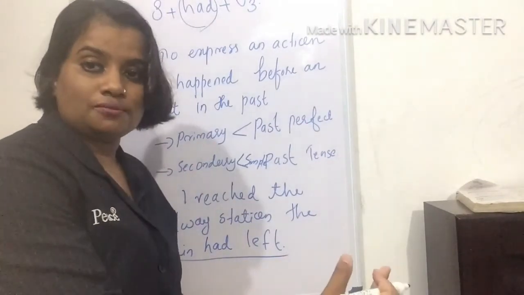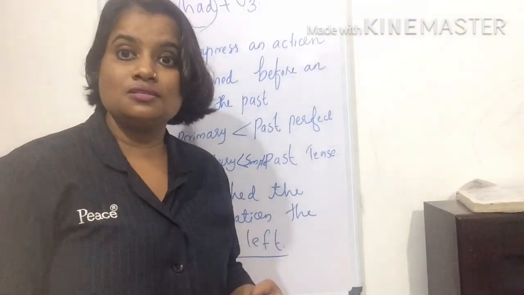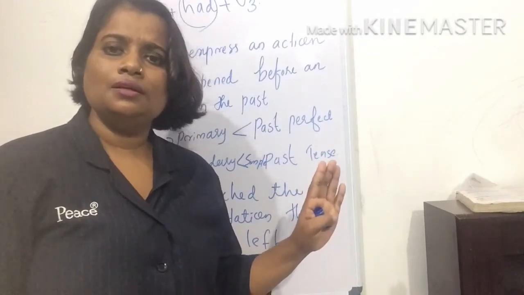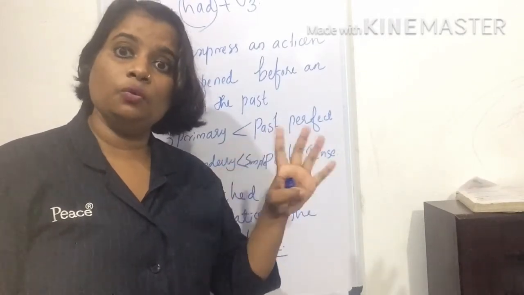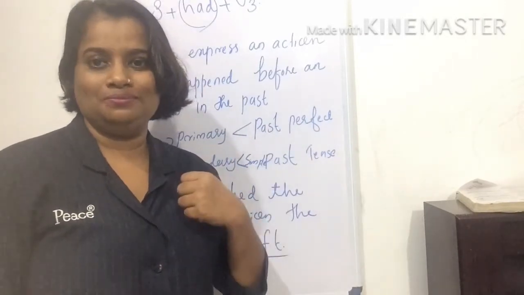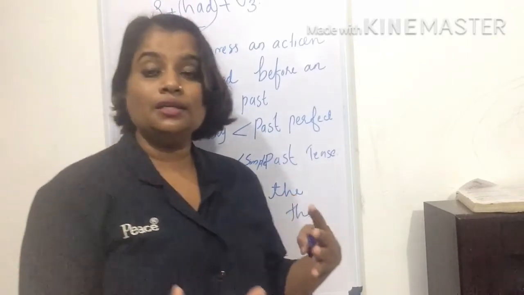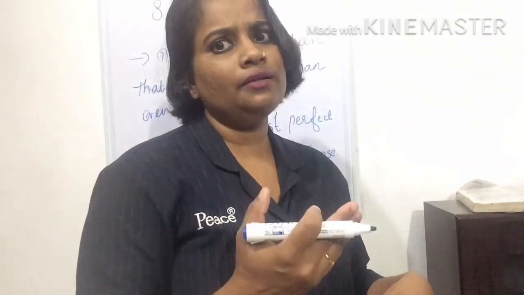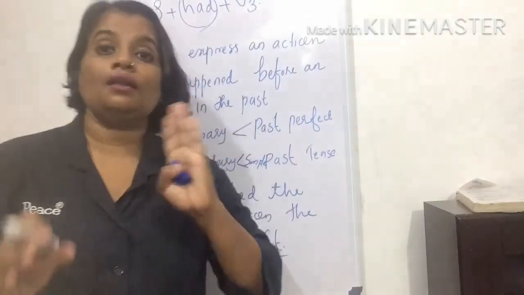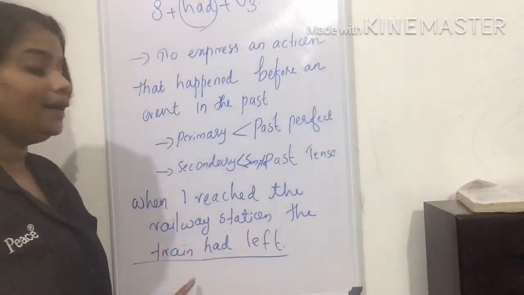Before I reached, which action happened first? The train had gone. The train had gone before I reached the railway station. That's why the statement says, when I reached the railway station, the train had gone. Look at the example: when I reached the railway station, the train had left.